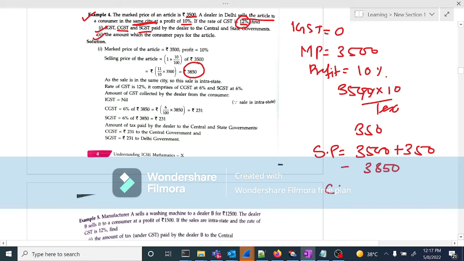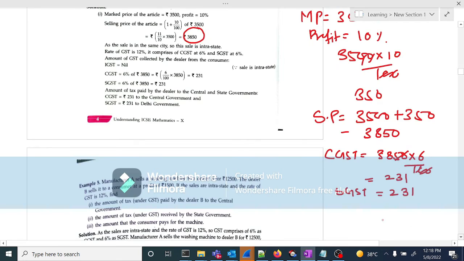So first I will calculate my CGST. 3,850 into 6% will be 231. SGST will be the same, 231. So my total tax will be 462. My CGST is 231, my SGST is 231.